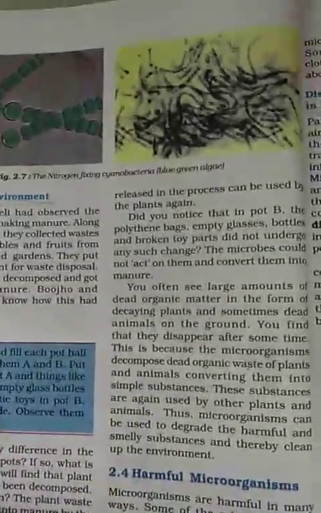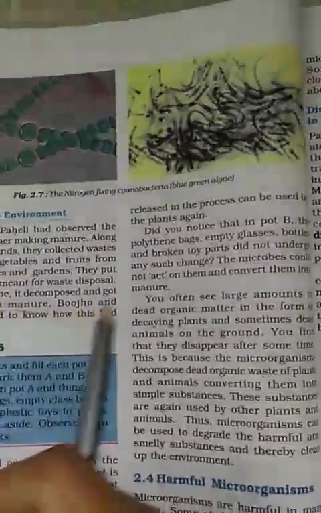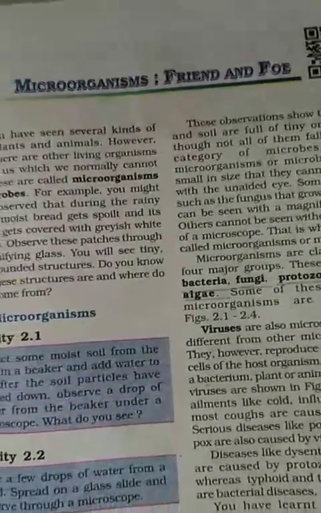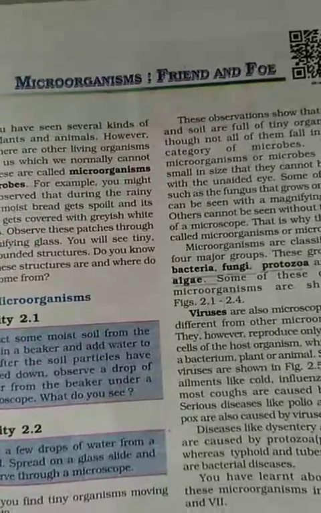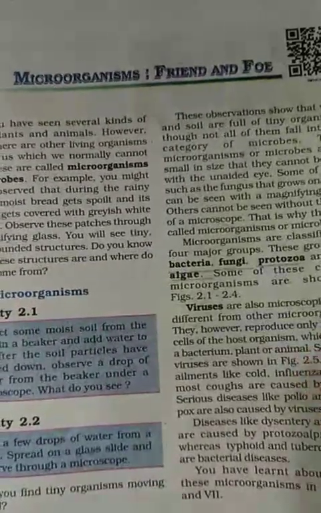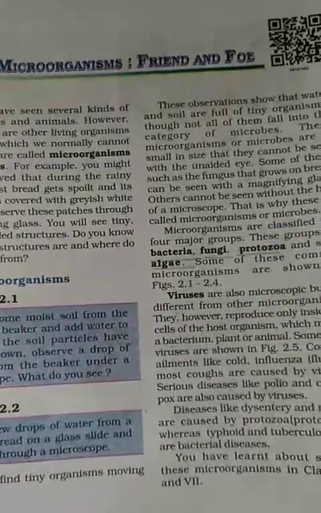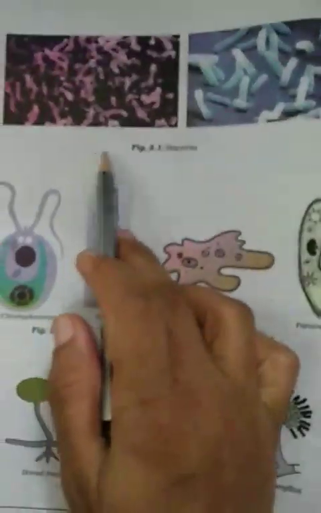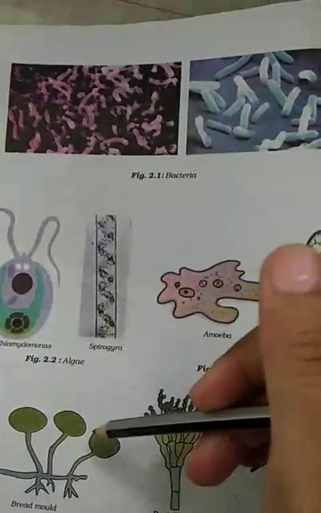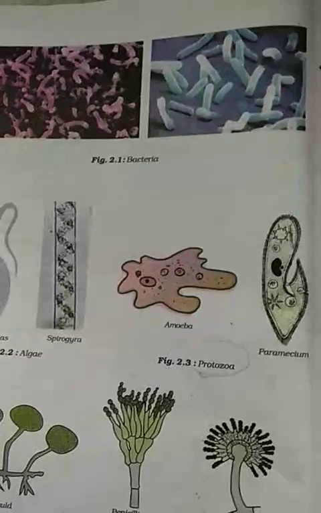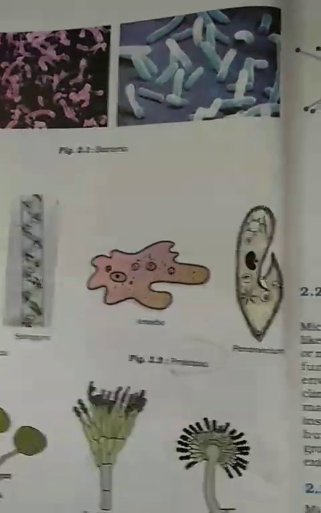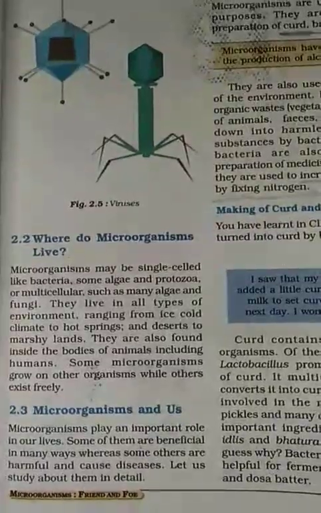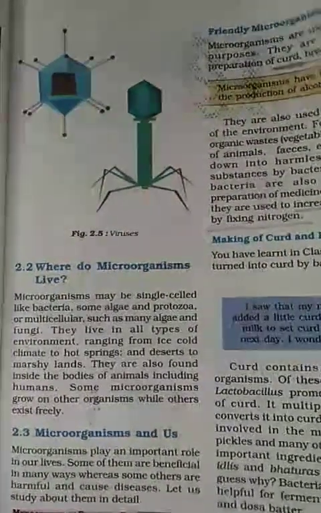Okay, here we will end this session. Today we have seen the introduction of the lesson, microorganisms: friend and foe, and how microorganisms can be friendly to us and how they can be harmful to us. We have studied different types of microorganisms, how they look: bacteria, algae, protozoans, fungi and viruses, where microorganisms live, and microorganisms and us.